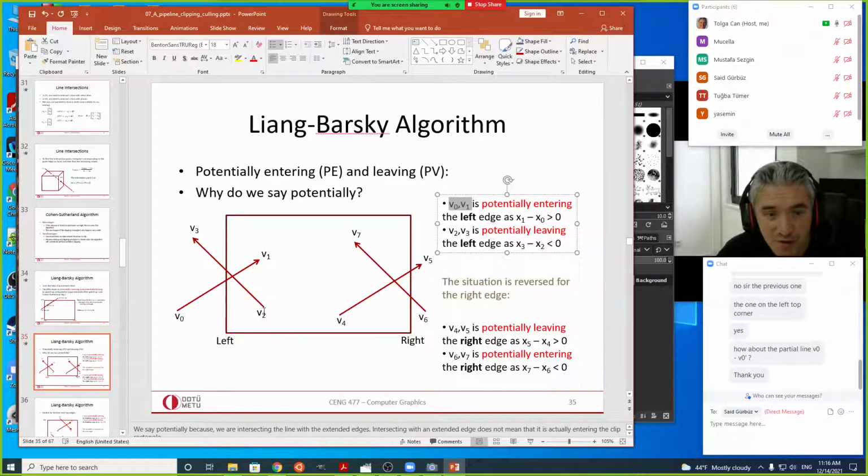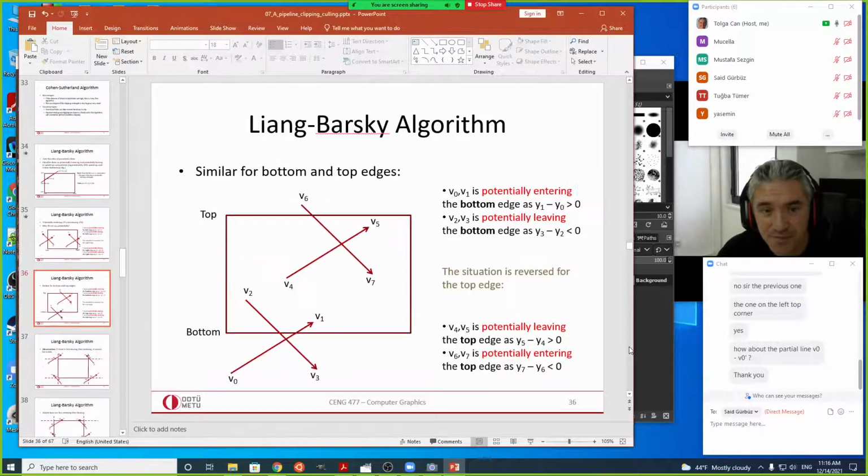And for v2, v3, the v2 x coordinate is larger than v3's x coordinate, so it's not less than, so it's potentially leaving the left edge. The situation is reversed for the right edge by looking at the x coordinates. If the x coordinate of your starting point is smaller than the other one, now you're potentially exiting or potentially leaving the window. This is similar for bottom and top edges.